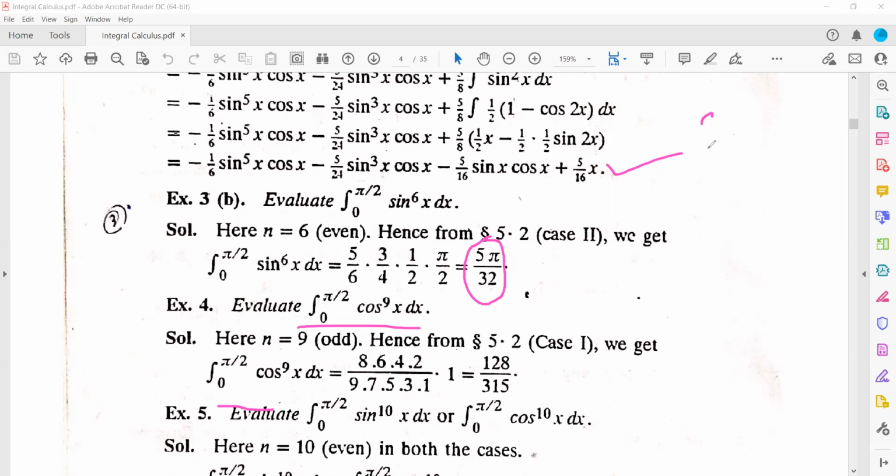Whatever value you have got for sine to the power nx, it will remain the same for 0 to pi by 2 cos to the power n. There will be no change in the formula. The formula for this will be the same as the formula for that one. Is that clear?